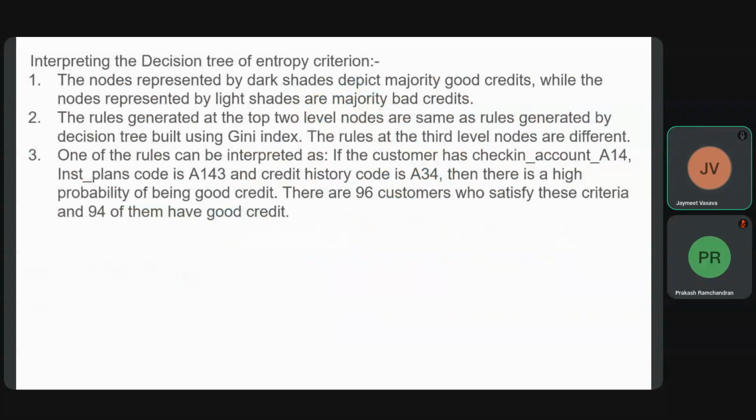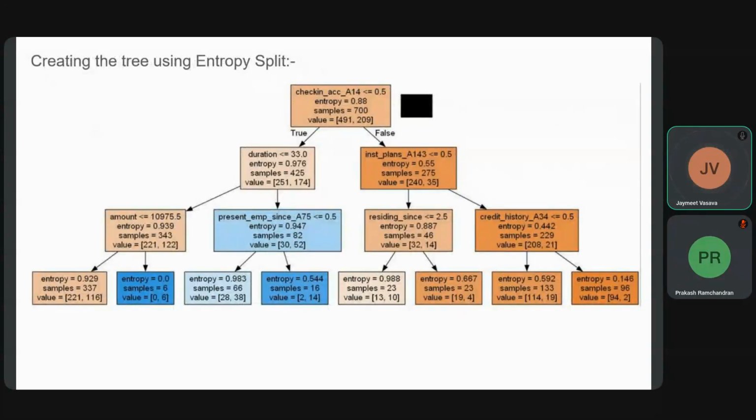Some interpretations using the entropy criterion: the nodes represented by a dark shade depict majority good credits, while the nodes represented by lighter shades are bad credits. This is the same as before. The rules generated at the top level nodes are the same as the rules generated by the Gini index. Then the rules at the third level are different, which are amount, present employed since, residing since, and credit history A34.